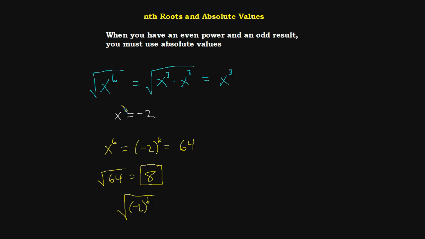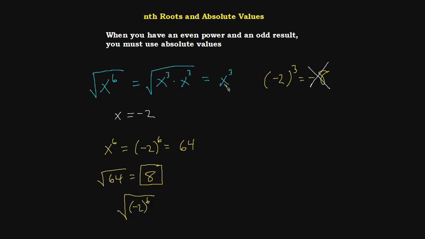Well, if I simplify the square root of x to the 6th into x cubed, and then try -2 raised to the 3rd power, what I end up getting is -8. And that is the incorrect result, because the correct result is 8.